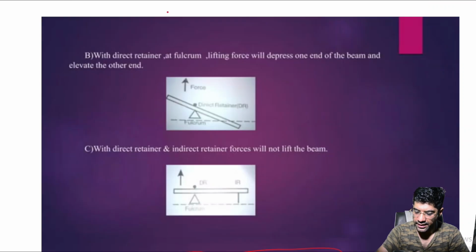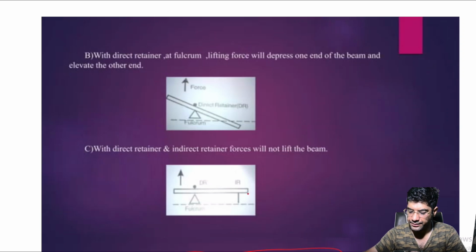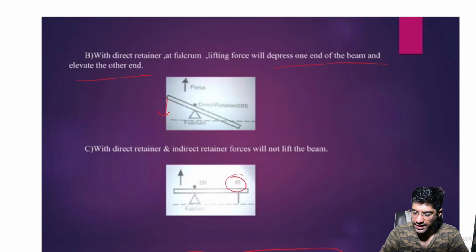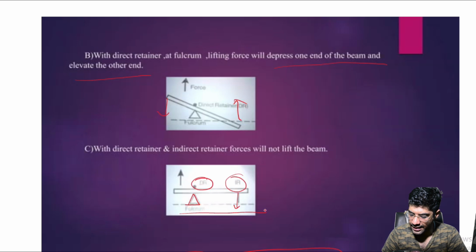That is why there is a need for the indirect retainer. With a direct retainer at the fulcrum, the lifting forces will depress one end of the beam and elevate the other. With the direct retainer and indirect retainer, the forces will not lift the beam.